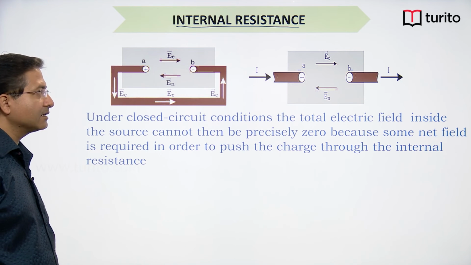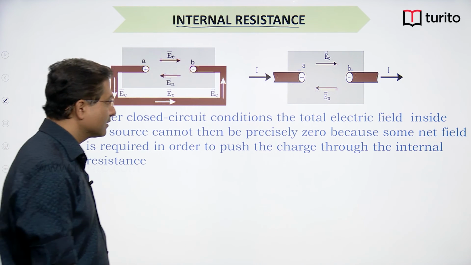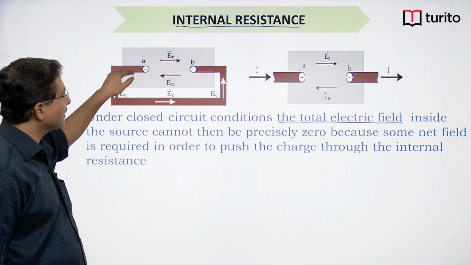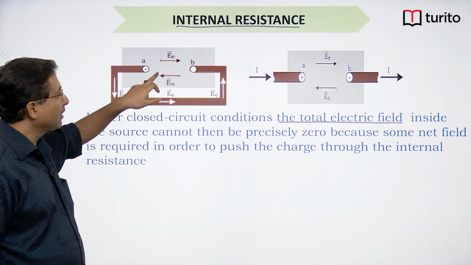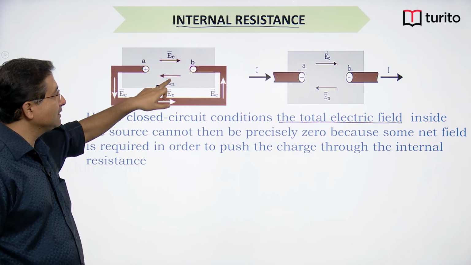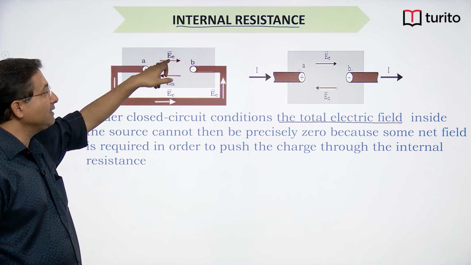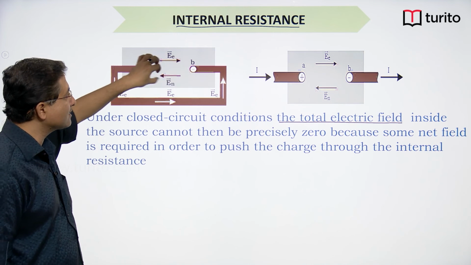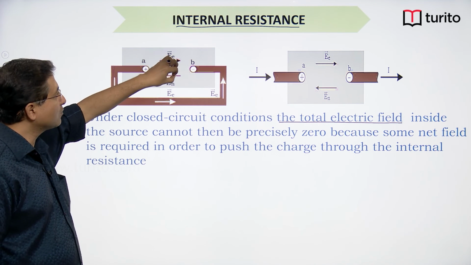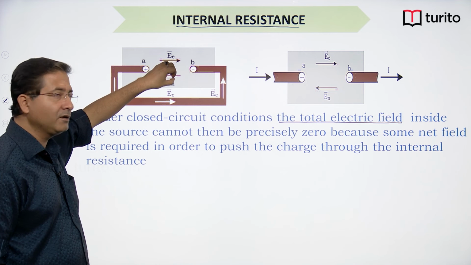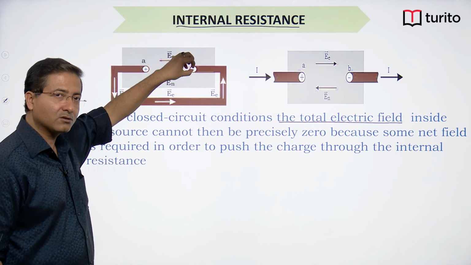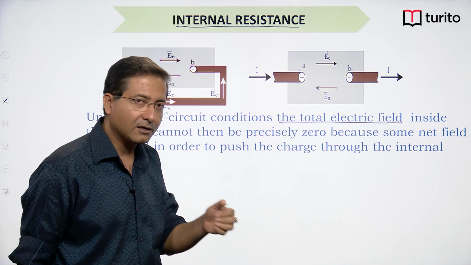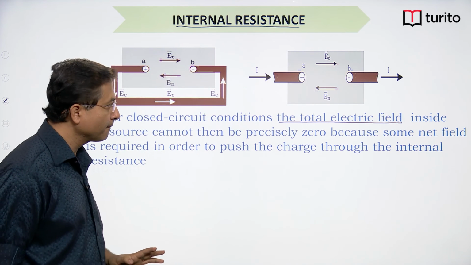Under the closed circuit condition, the total electric field inside, this is another point, let us see that. Obviously when you connect it, charge starts moving, that means this En must be greater than Ee, then only ions start moving. So the non-electrostatic force must be greater than the electrostatic force, then only the ion will move from one electrode to another electrode, okay.